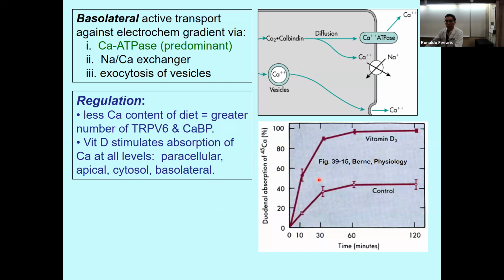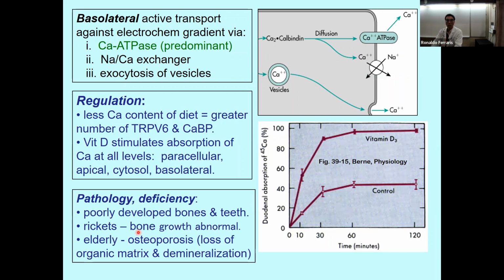And then when you take vitamin D at the same time, you actually double the rate of calcium absorption, because vitamin D stimulates absorption of calcium at all levels: paracellular, apical, cytosol, basolateral. So vitamin D is an important vitamin because of its role in calcium absorption.